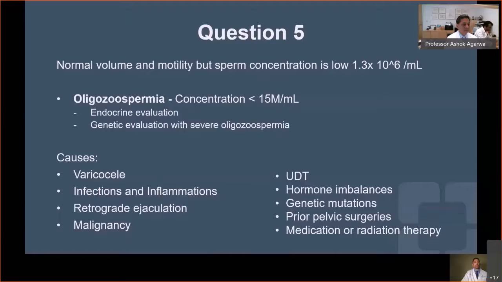This can arise from a varicocele, an infection or inflammation, retrograde ejaculation, a history of malignancy, particularly testicular cancer, a history of undescended testicle or cryptorchidism, hormonal issues, genetic mutations, prior pelvic surgeries, particular medications, or a history of chemotherapy or radiation. Once a cause can be identified, then appropriate testing and management can be performed.